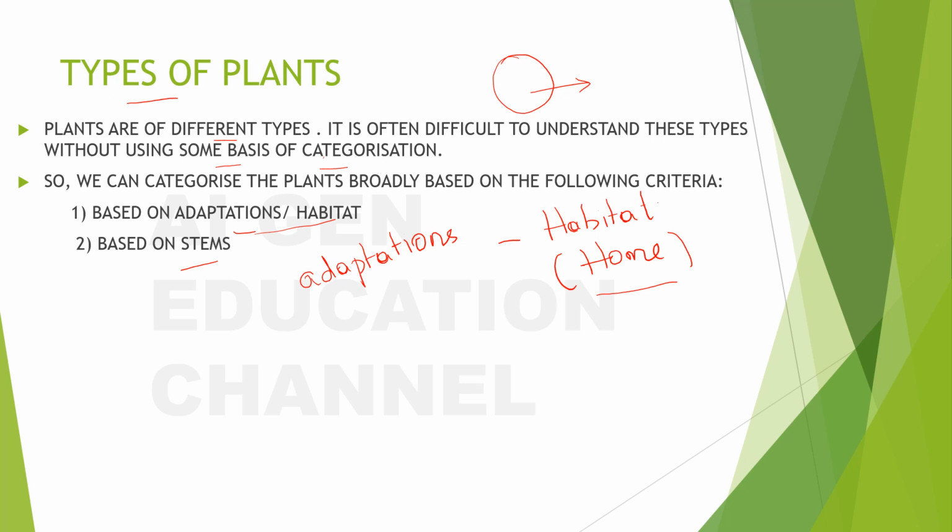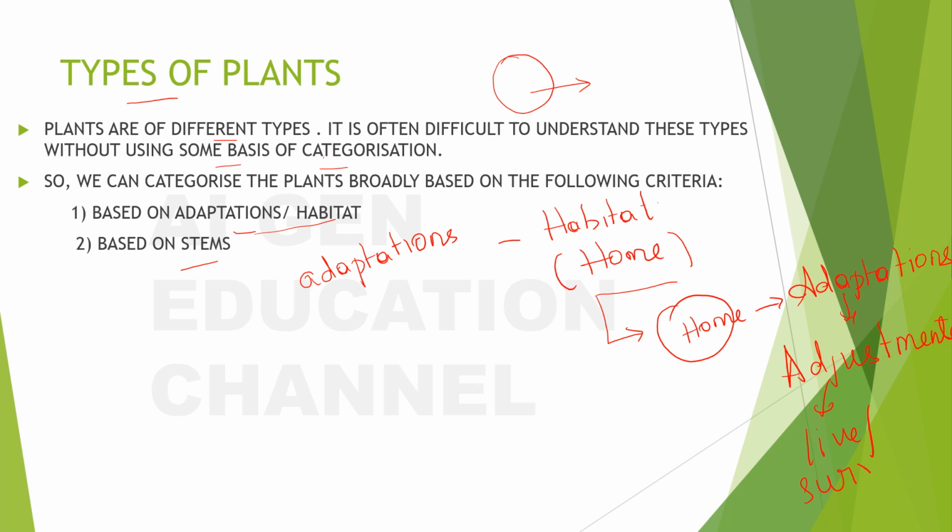So every plant, in order to live happily in its home, will make some adaptations. Adaptations are the adjustments. What is that? They are the adjustments the plants make in order to live or survive the conditions that are present in their home.